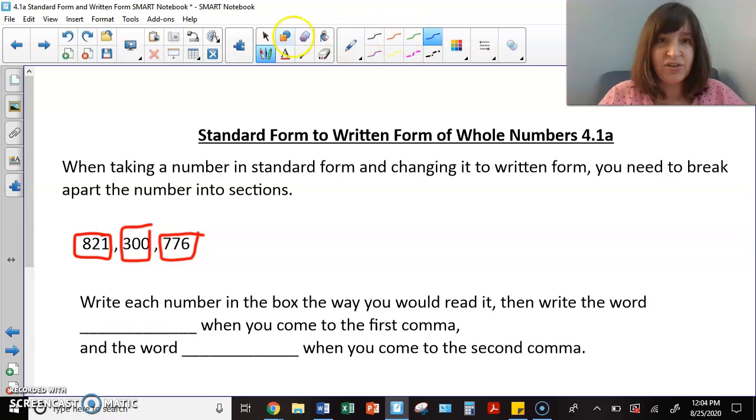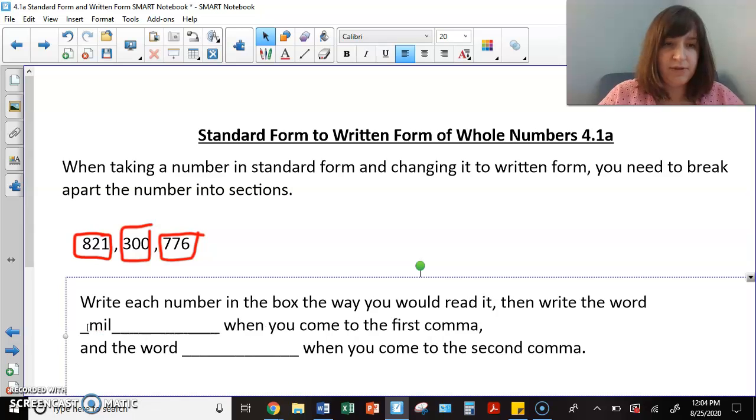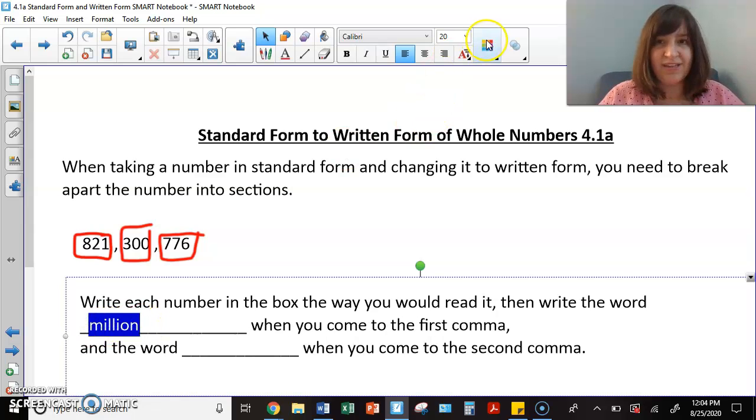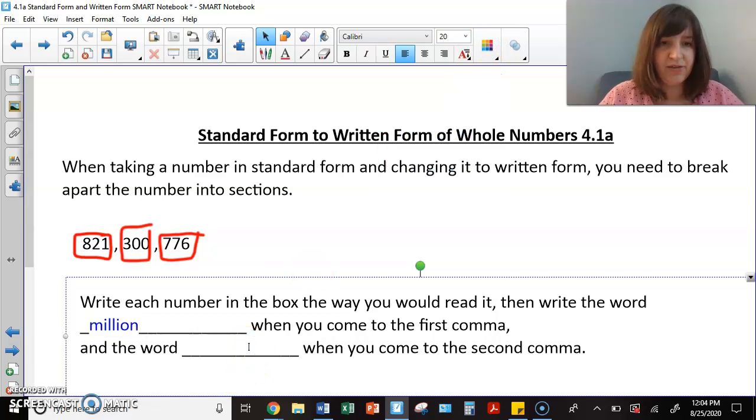When I get to the first comma right here, I'm going to write the word million. And when I get to the second comma, I'm going to write the word thousand.